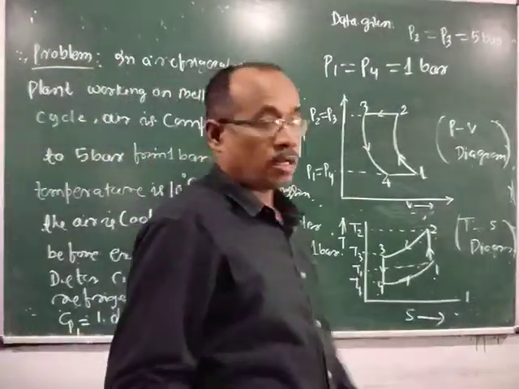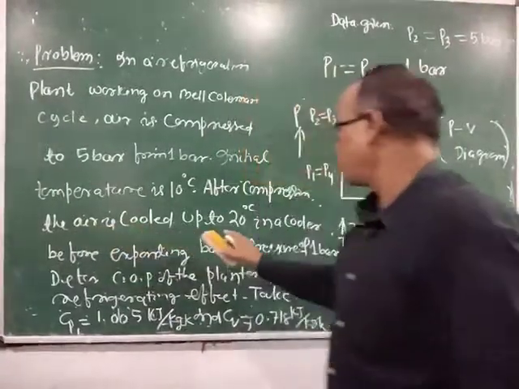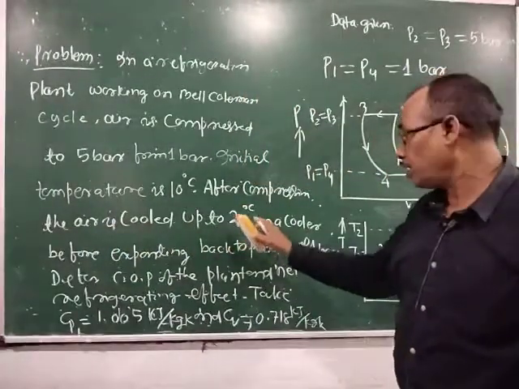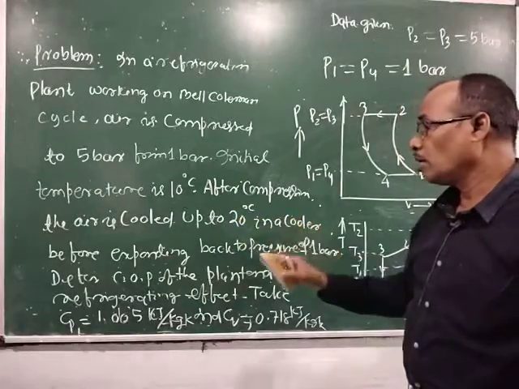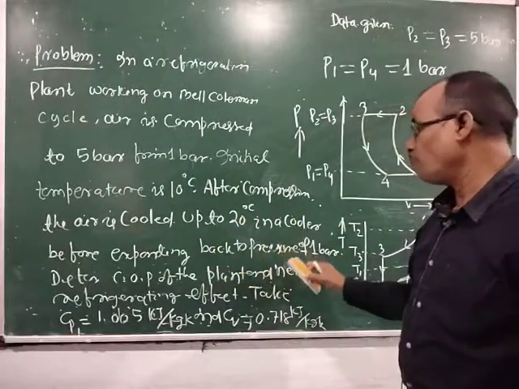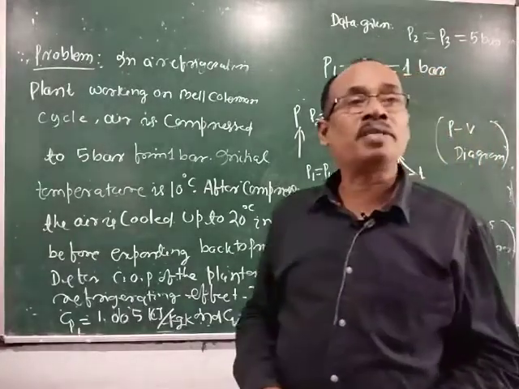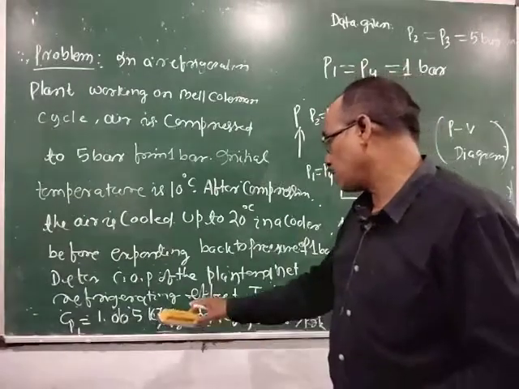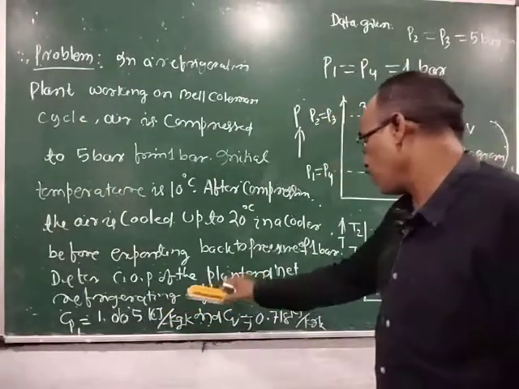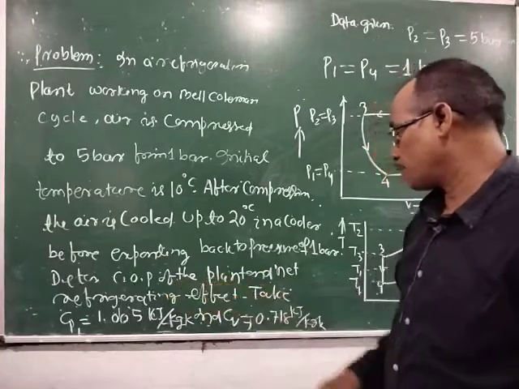After compression, the air is cooled up to 20 degree centigrade in a cooler before expanding back to a pressure of 1 bar. Determine the coefficient of performance of the plant and the net refrigerating effect.